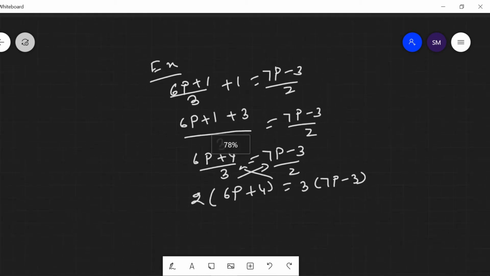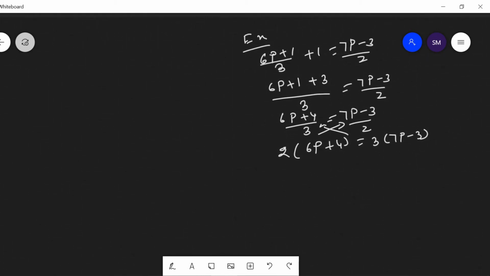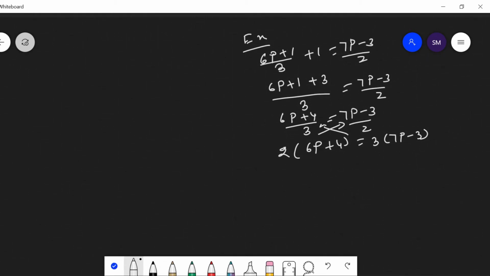Then at first we open the bracket. When we open the bracket, take the 2 and multiply, this is 12p plus 8 is equal to 21p minus 9. Then this is 12p minus 21p is equal to minus 9 minus 8.